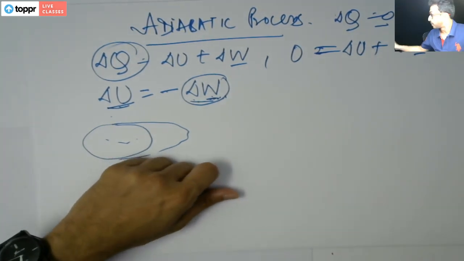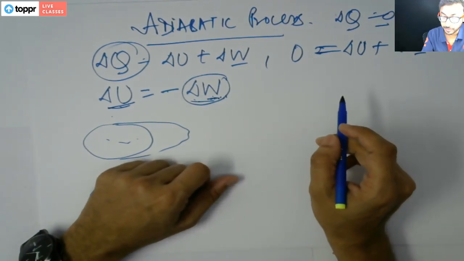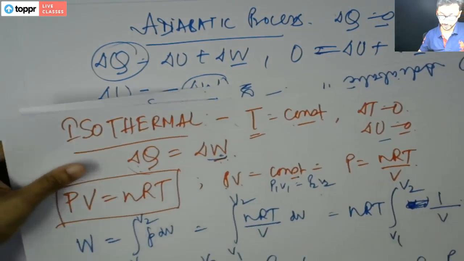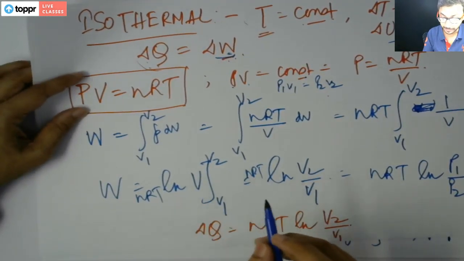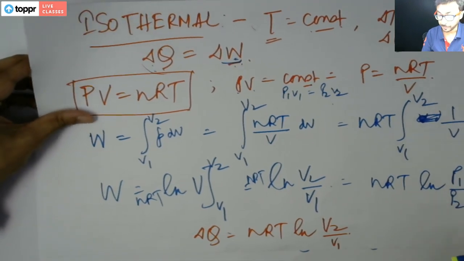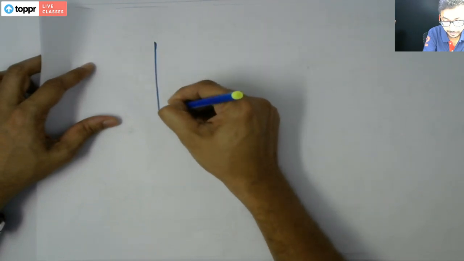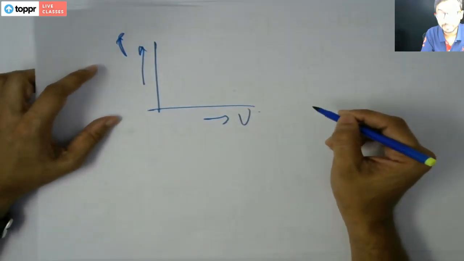Okay, I forgot that sheet, that previous sheet. I forgot to say that in the isothermal process, we also need to understand another thing. That is, what is the graph? In an isothermal process, PV is constant.